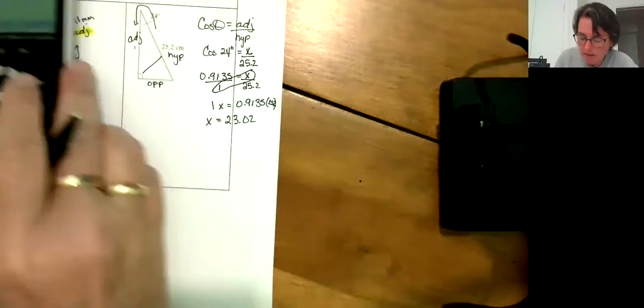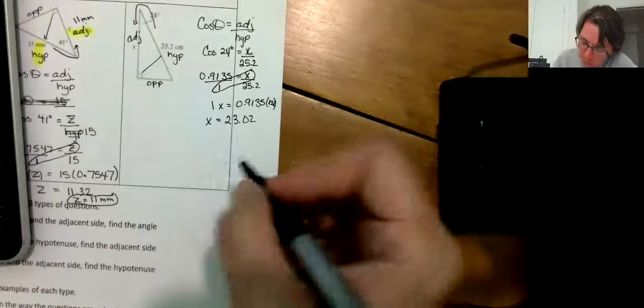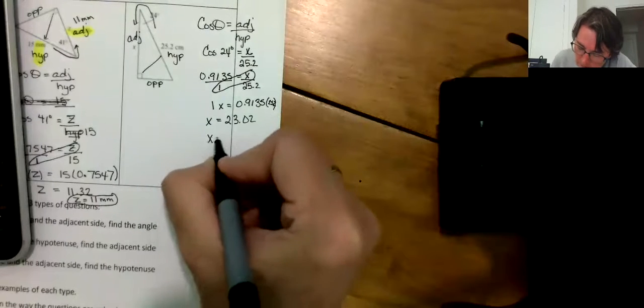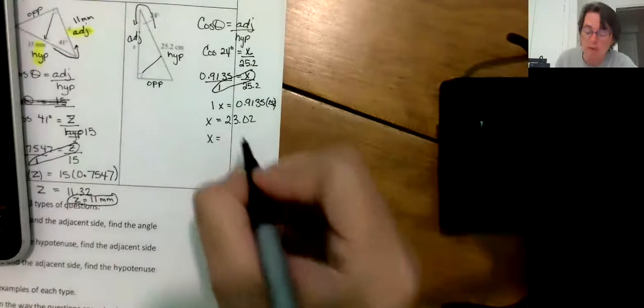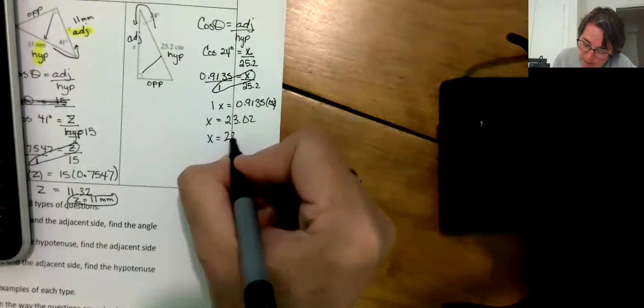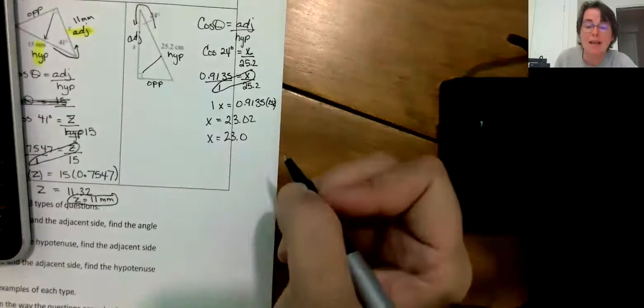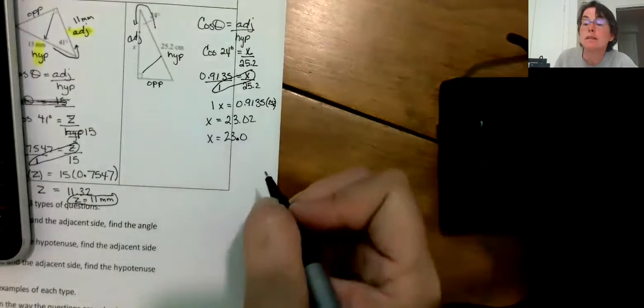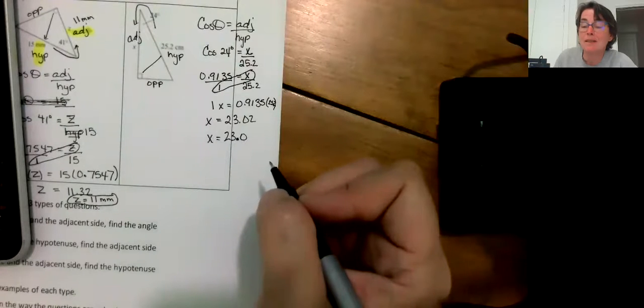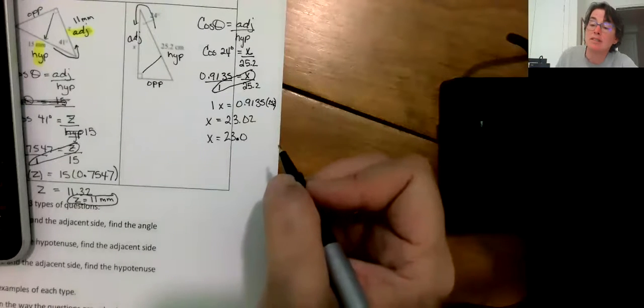23.02. And if I look at my question, Z, this one had 1 decimal place, so I should round this to 1 decimal place. X equals 23.0. Now we come into it, so it's 1 decimal place, that or that. I would probably mark it right. This, I know for sure. Again, in physics or in chemistry, you're worried about scientific notation.